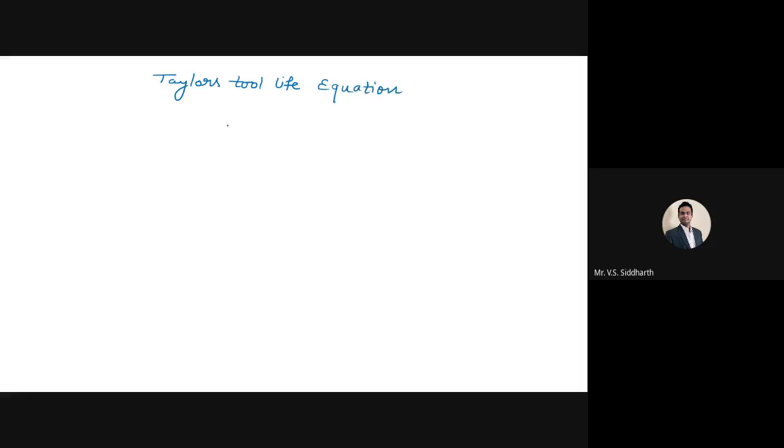It says that V T to the power n equals constant, where V is what, T is what, C is what, n is what? Can anyone tell me? V is the cutting velocity.